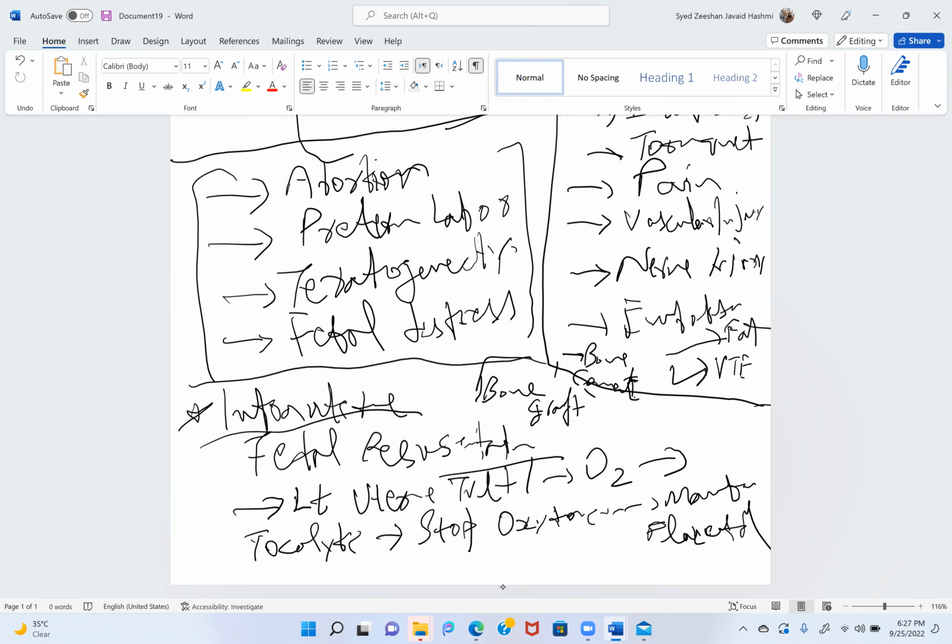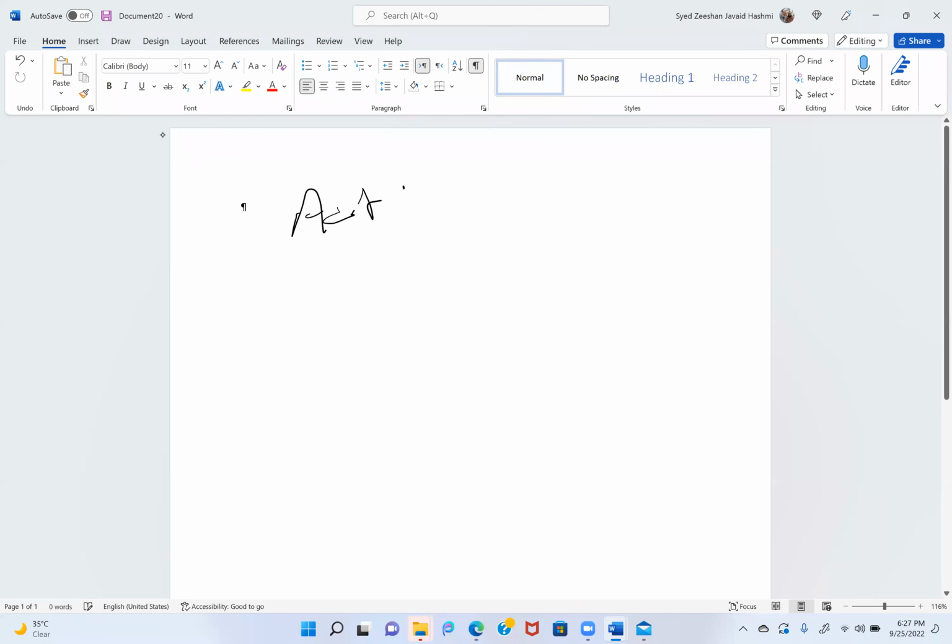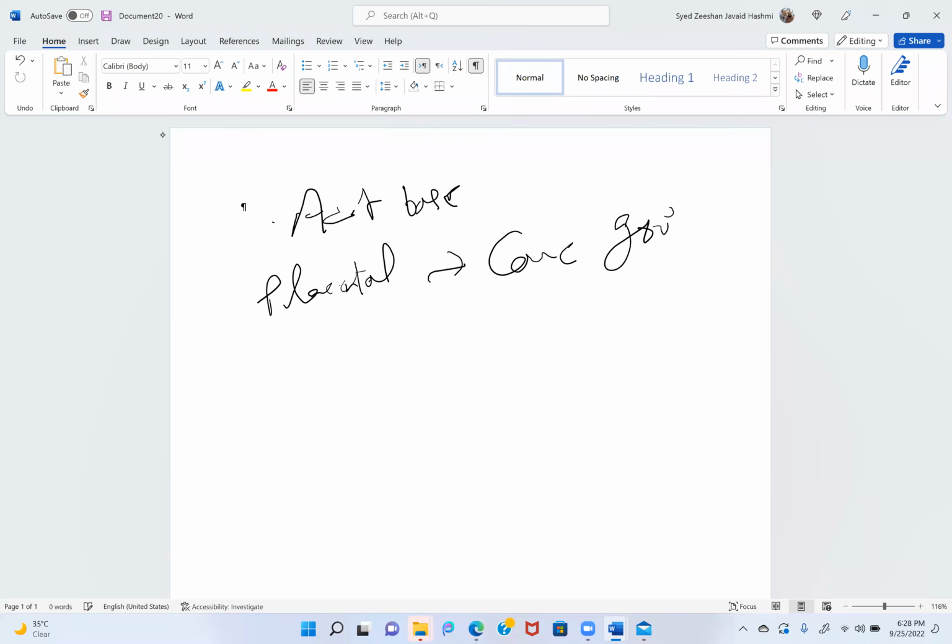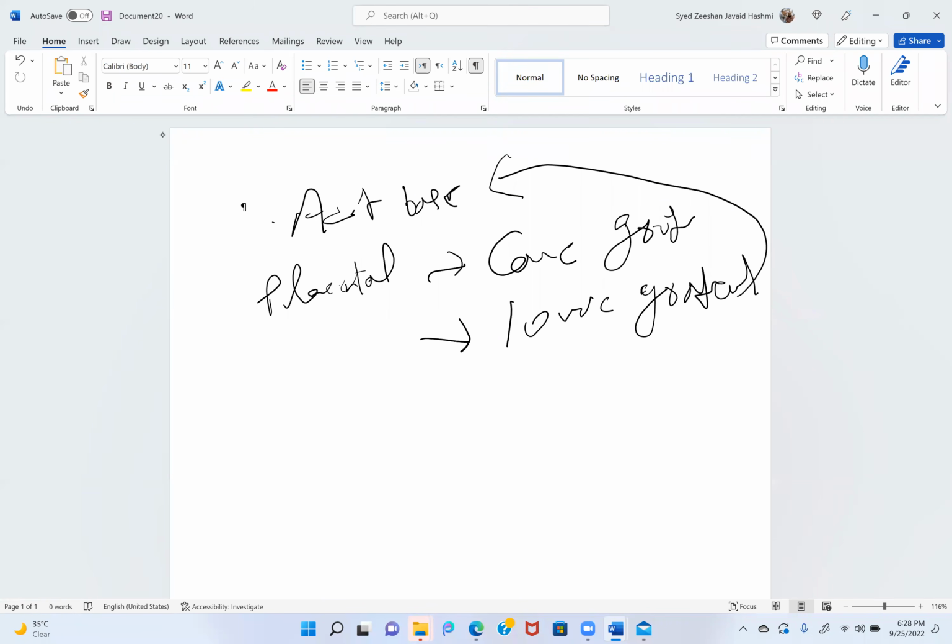What about maintaining the acid base environment? Because whatever gas placental exchange is occurring, there is either a concentration gradient or ionic gradient. Ionic gradient is affected by acid base balance.